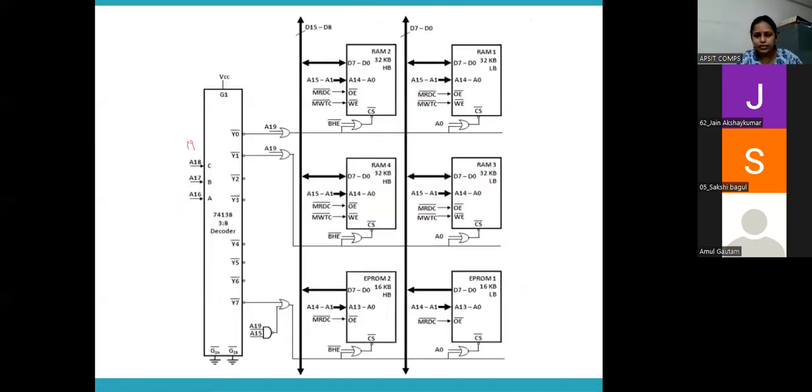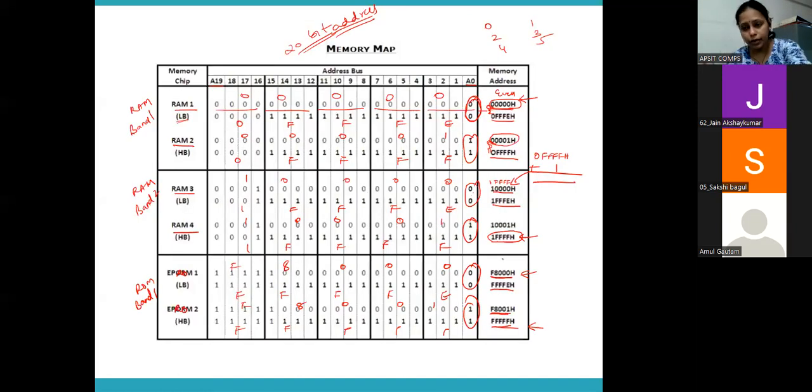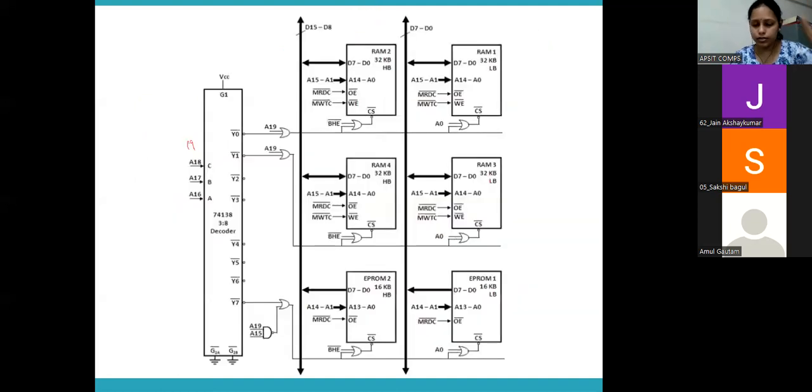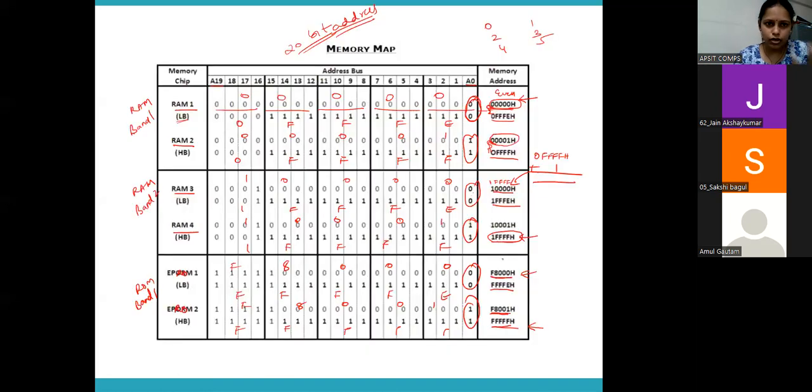Now next, we have to learn the interfacing part. This is the circuitry which is going to implement our memory map. This is our plan, and now we have to convert this plan into the circuit. That we will be discussing in the next session. But if anybody has not understood how we have created the memory map, please revisit the lecture recording once more.